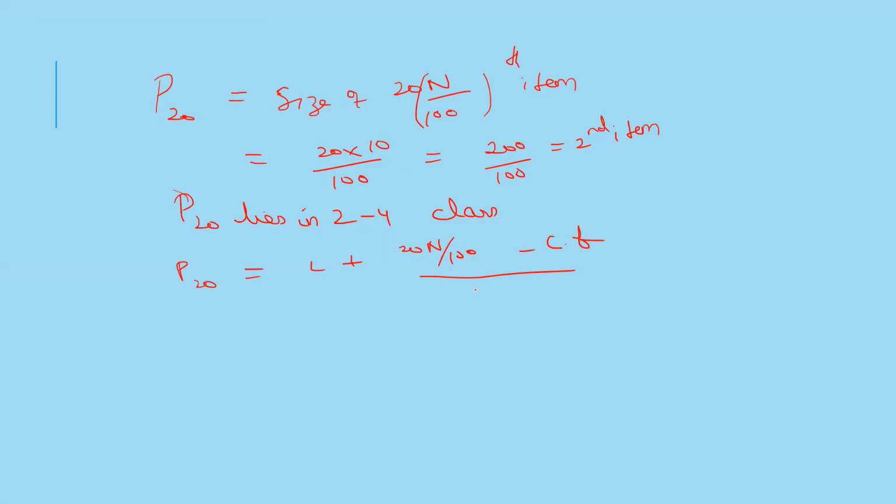This is the formula into I. When you substitute, L is 2, plus 2 minus the cumulative frequency of the class before the P20 class, which is going to be 0 here, divided by the frequency of the P20 class, into I. When you solve this, you're going to get 2 plus 1.33, that is 3.33, which is P20. So this is how we solve the last sum.